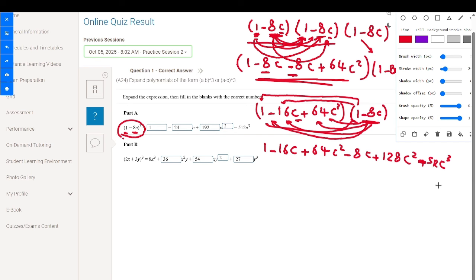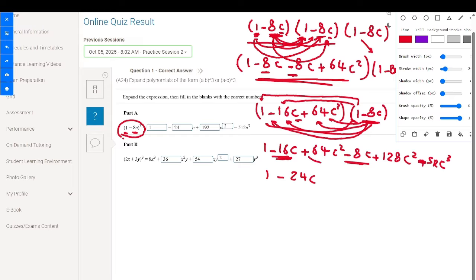Okay? Now let's simplify this one. We have here 1. Now minus 16c, and here we also have minus 8c. It will be minus 24c.